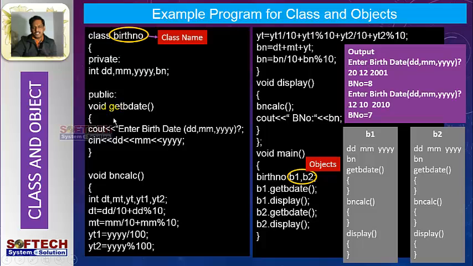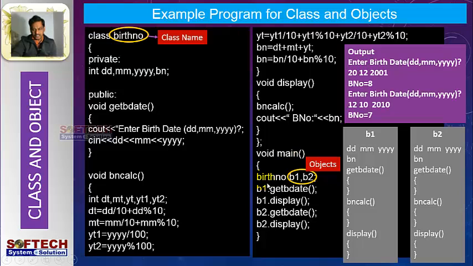The functions, that is the member methods, are getDate, Pn calc, display. So it has 7 members: 4 members are data, the other 3 members are methods or functions. So the birth number class consists of 7 members.